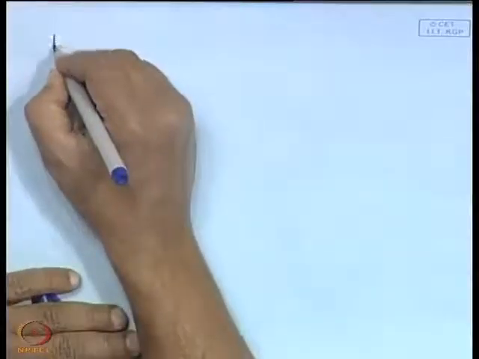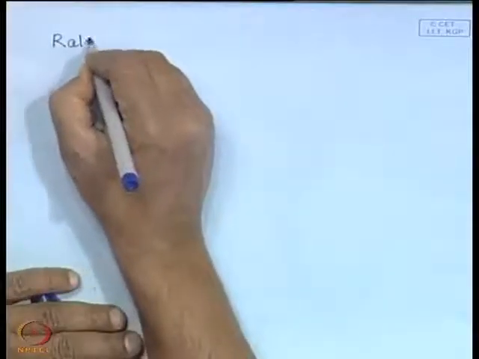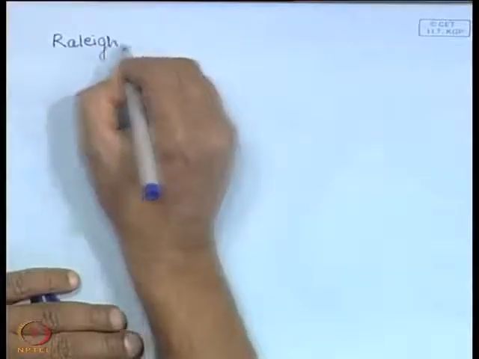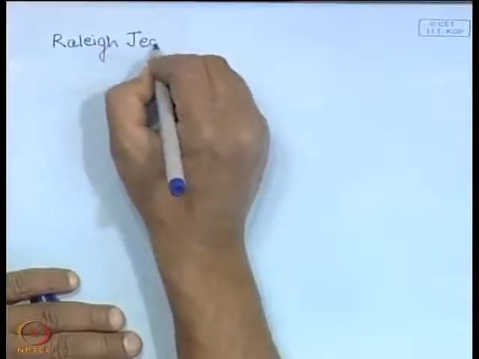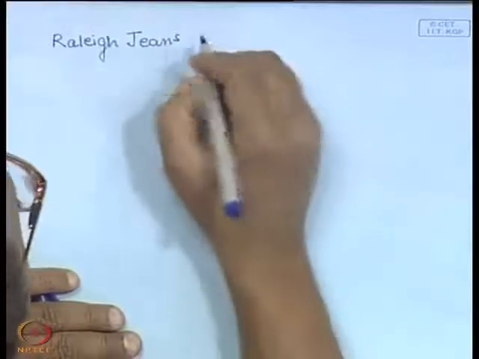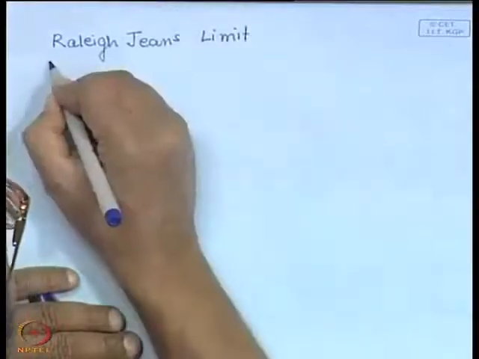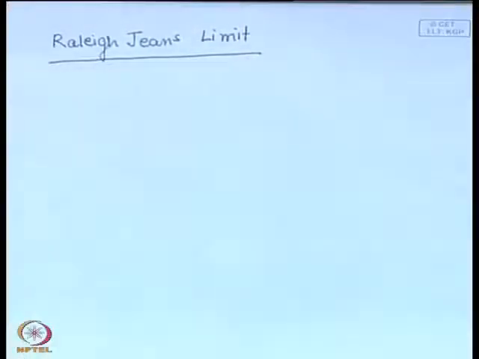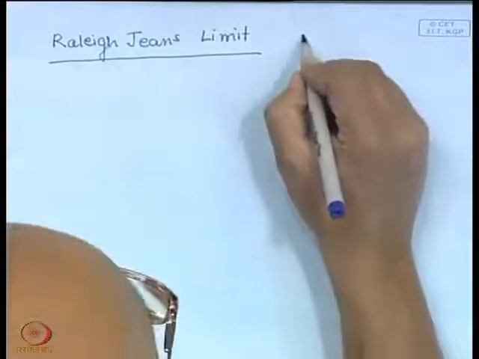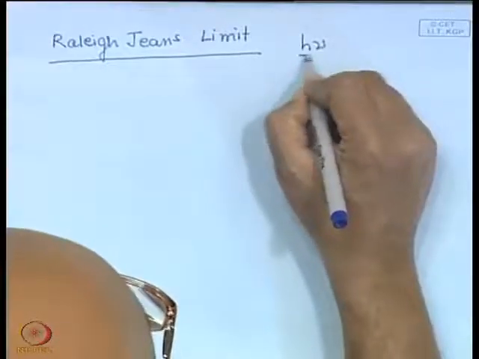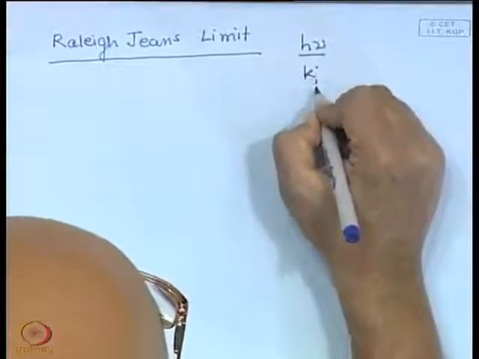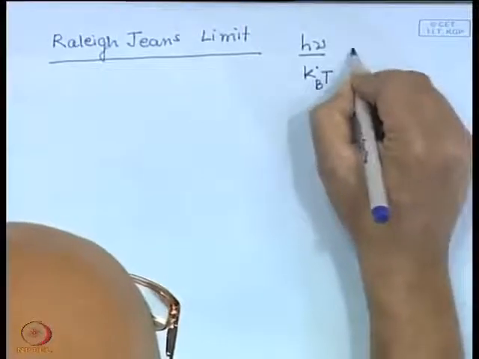So, we will first study the Planck spectrum in the Rayleigh-Jeans limit. What we mean is that h nu by kB T is much less than 1.